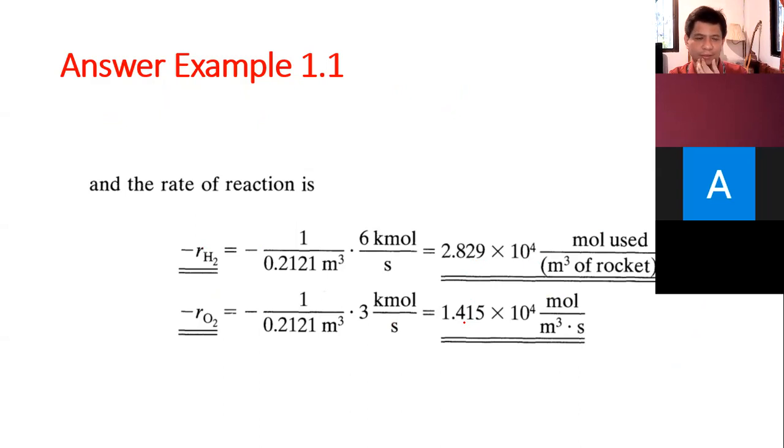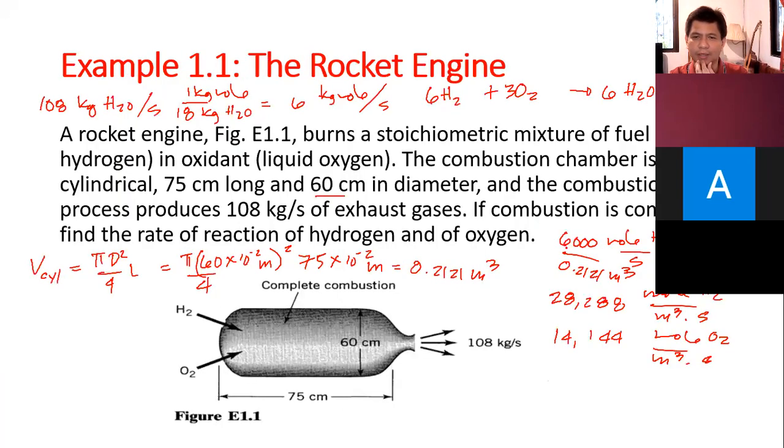That's how fast. The 6,000 comes from 6 kg mole per second. This 6,000 comes from here. This is water. The rate of water and hydrogen are the same, just opposite in sign. You are producing water but you are consuming hydrogen. So the absolute rate is 6,000.